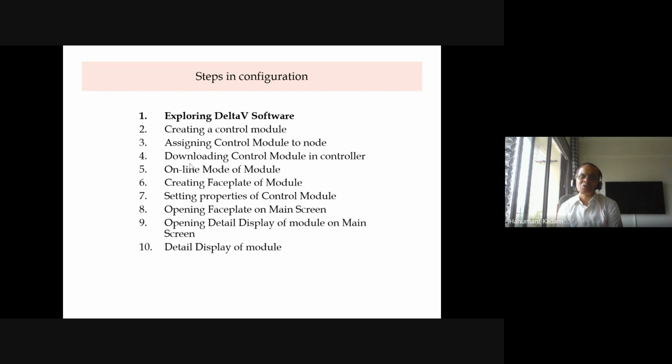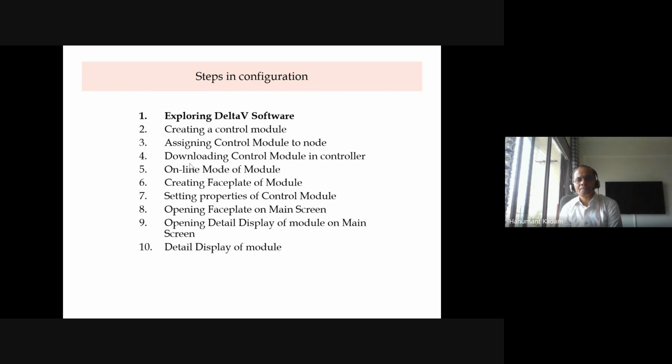There you have to set the properties of the control module, means, as I told, range of your input, range of your outputs, units, everything you have to specify, because the module gives so many options, but the required options you can fill in.